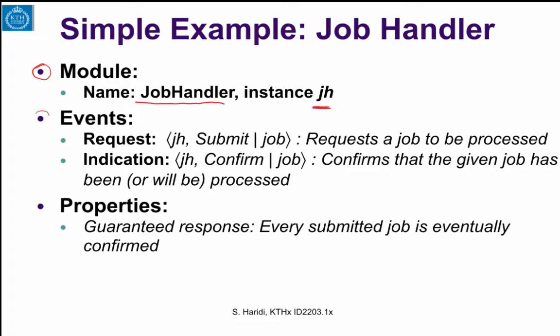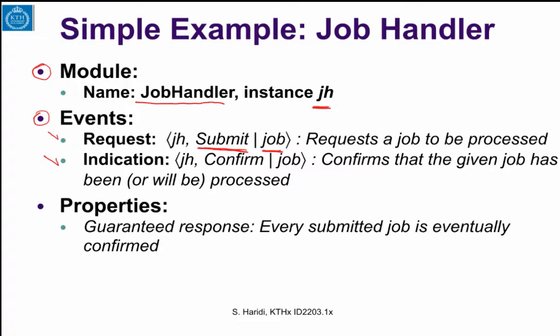And then we look at the events. We are going to have a set of request events and indication events. In this case, for the JobHandler, there is only one request event. Here is the name of the request event, and this is the argument of the request event. The name is submit and the argument is the job.